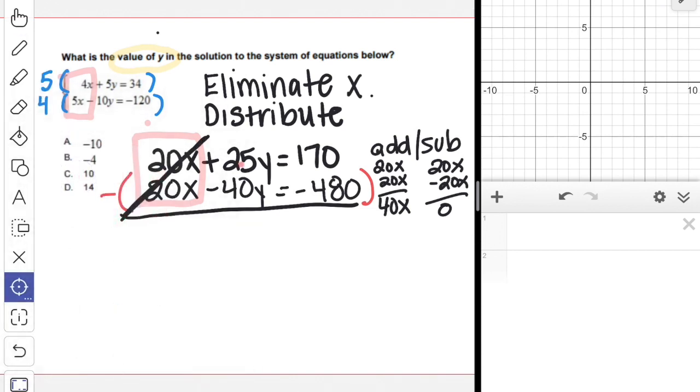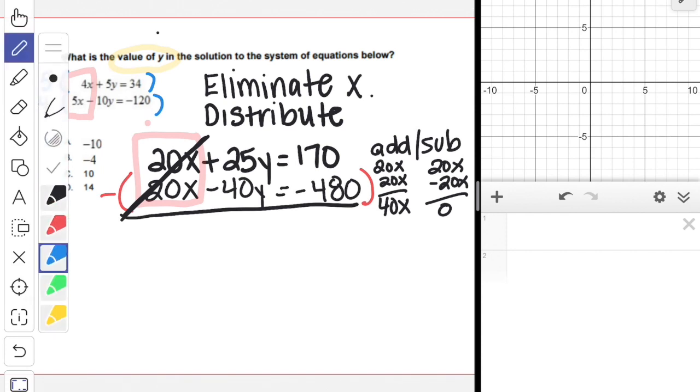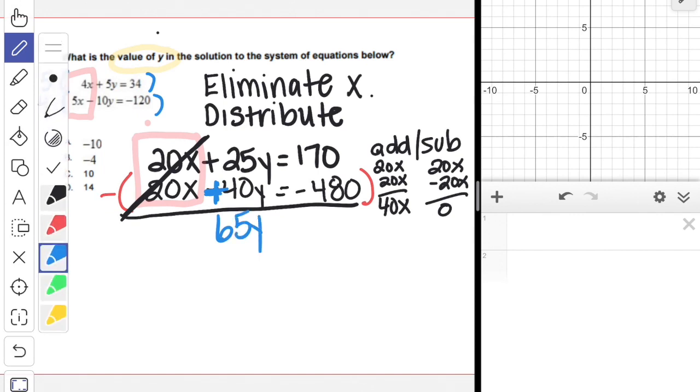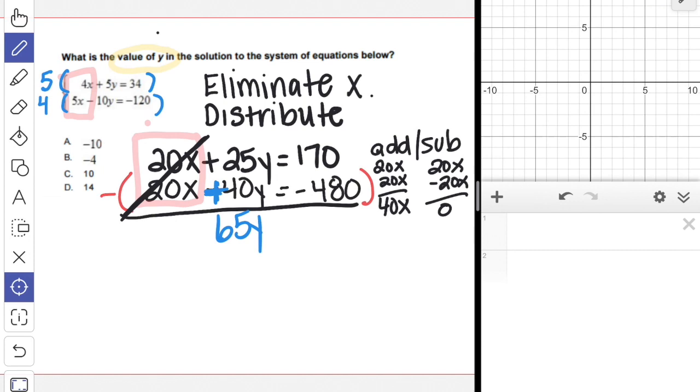All right, so then we have 25y minus negative 40y. Minus a negative is going to change that to positive 40. So now I have 65y. And now we are going to do 170 minus negative 480.